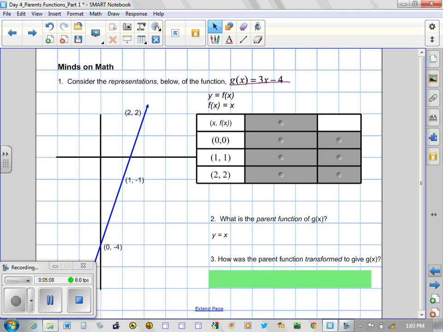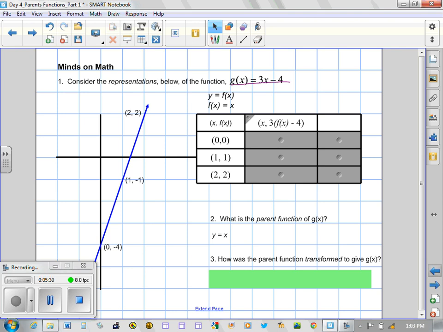So let's have a look at our transformations. What we can say is that the x values are going to remain the same, although we're going to end up tripling the y values, and from that we're going to subtract 4.